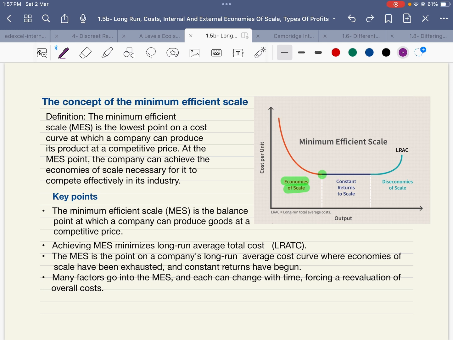At this point on the minimum efficient curve, the resources are all exhausted, and after this point, the company starts experiencing diseconomies of scale, which means the costs start increasing as the inputs increase.